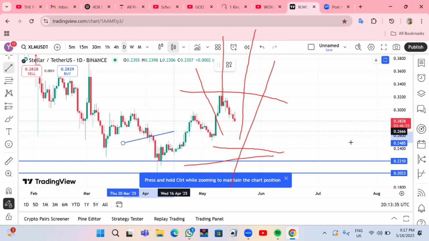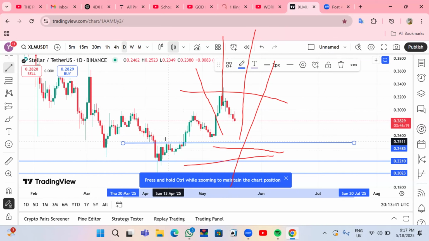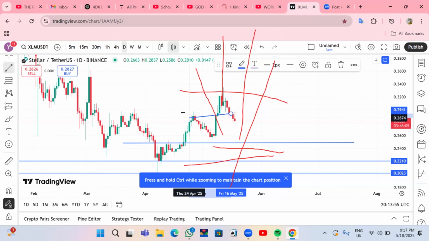So now you can draw a line here. This line tells me that this particular resistance became support here, and price went up. You can see that price started going up again and broke this resistance. This is another resistance here, and price came back to retest it. This is still resistance, this level here.